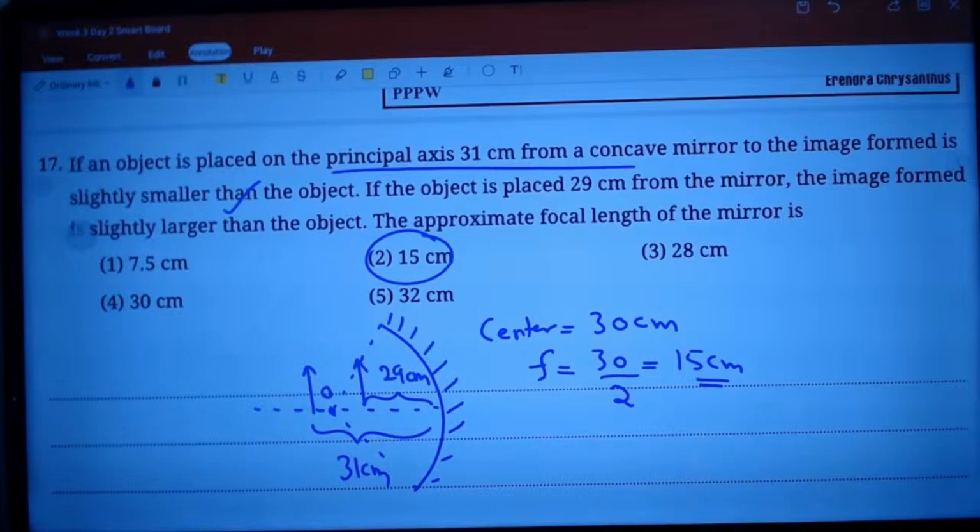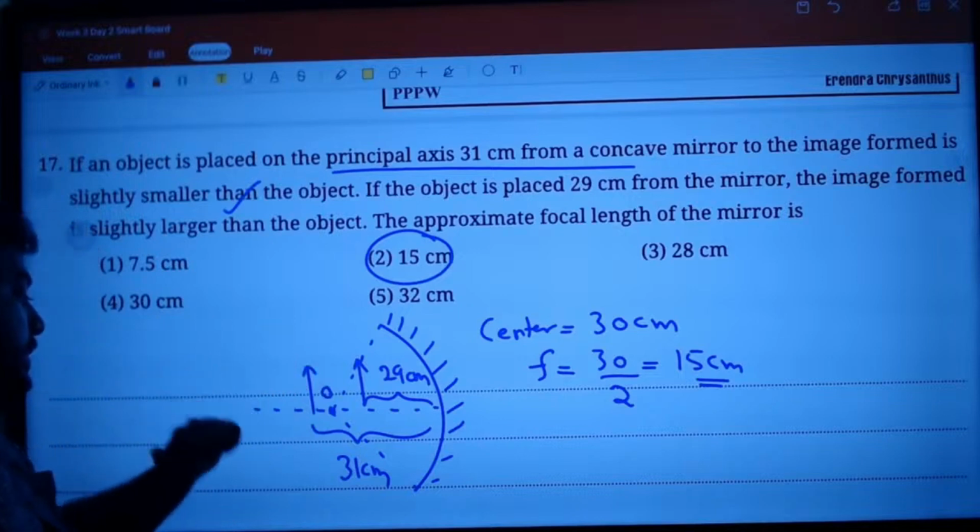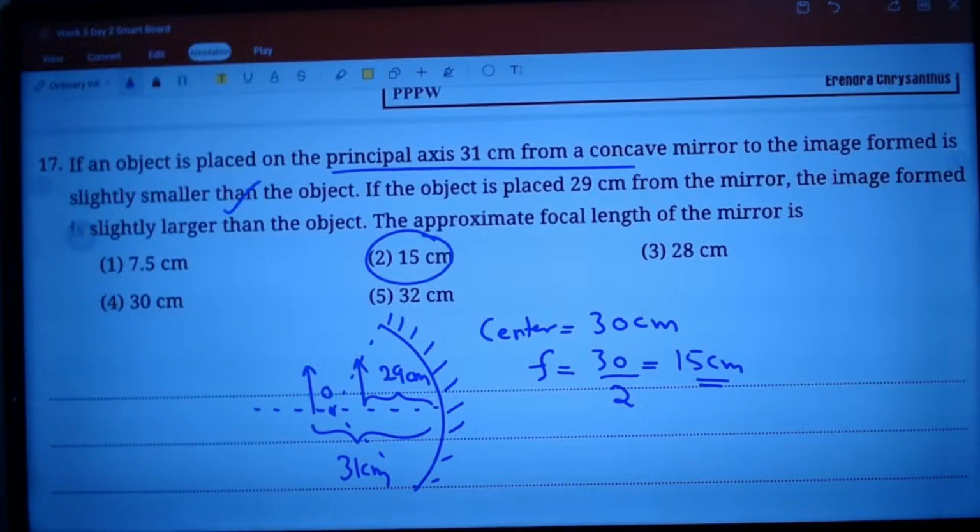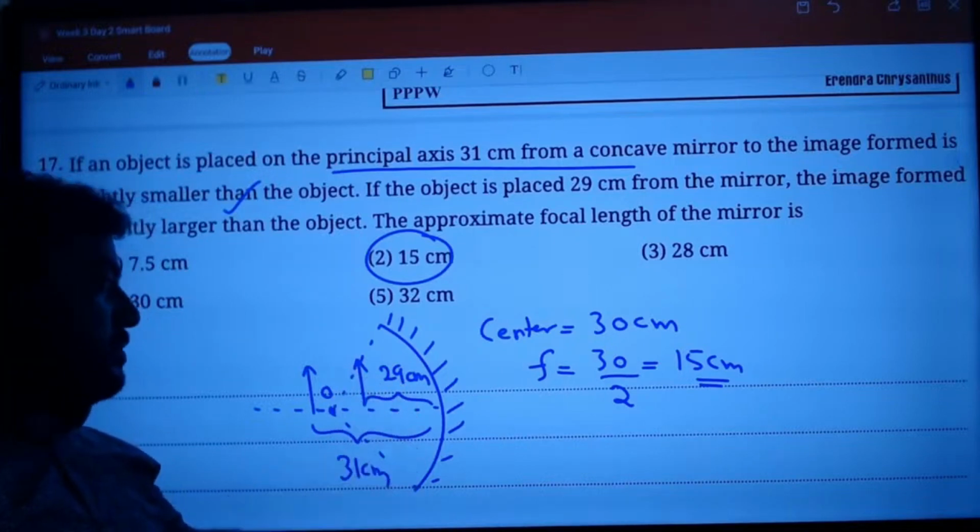As shown in the figure, if the object is kept beyond the center, the image formed will be small.